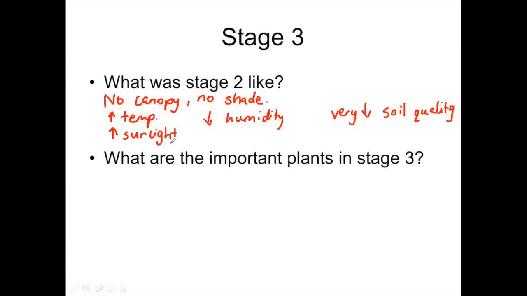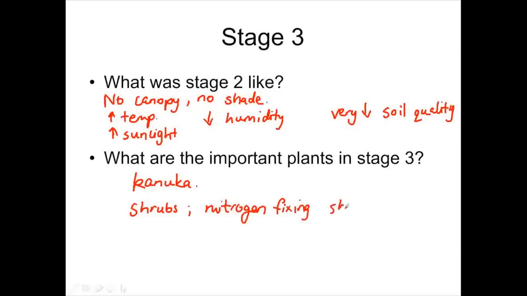What are the important plants in stage 3? The important plants in stage 3, of course, is the Kanuka. We'll go over that very shortly. The other plants which are important are shrubs, especially the nitrogen fixing shrubs.